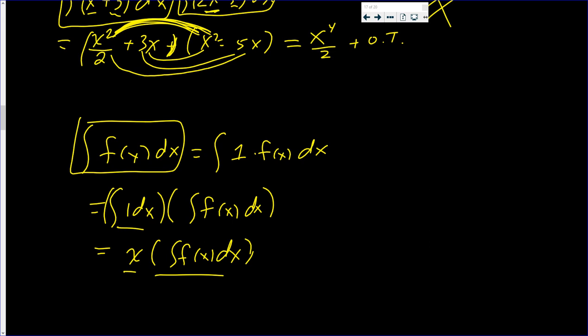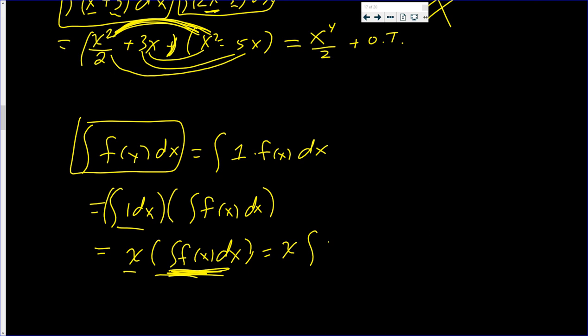But you know what? This integral, f of x, is 1 times f of x dx. So there's this x, and now I could write this integral as a product of integrals, if I could. It's the integral of 1 dx times the integral of f of x dx. But this first integral is x.